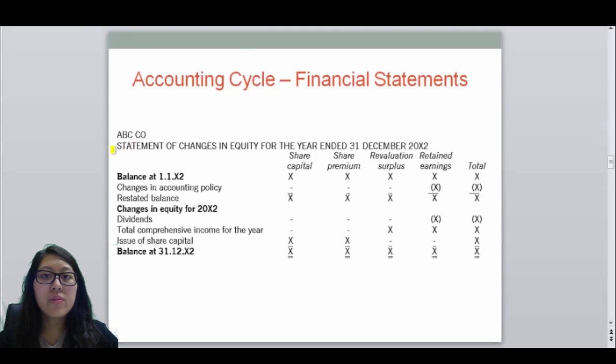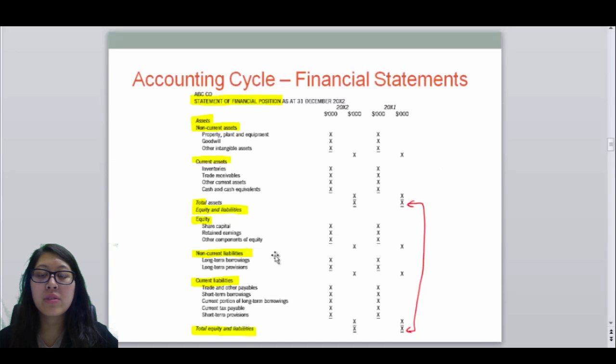In here, I have included a statement of changes in equity in which we show the movements of capital throughout the year. Now, inside the statement of changes in equity, we will show whatever contents the company has. So in this case, they would have share capital and retained earnings as at 31st December 2002.